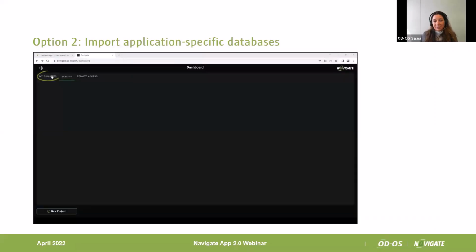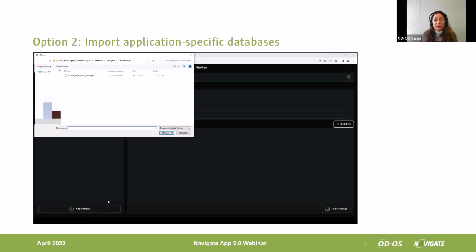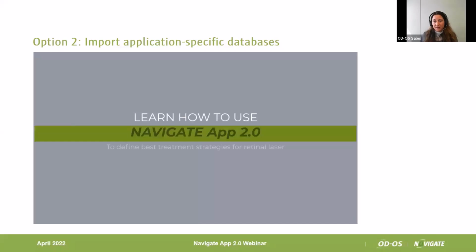And in the next step, you can import those case libraries to the Navigate app. Important, it's a special file format. You will not be able to view the cases on your computer. You need to import the file to the app. So you go to Add Patient, import patient, and then you can select this specific NPDZ file, and it takes some seconds, and then it's importing the cases to the app.